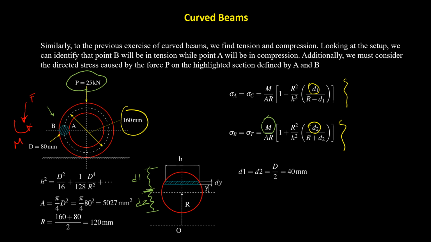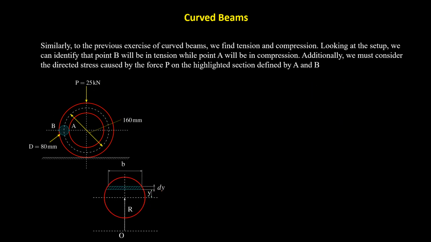That's going to be the consequence of representing this force in another place or another point. If I substitute the values for h squared, I'm going to find that it is going to be this one, 422 square millimeters.